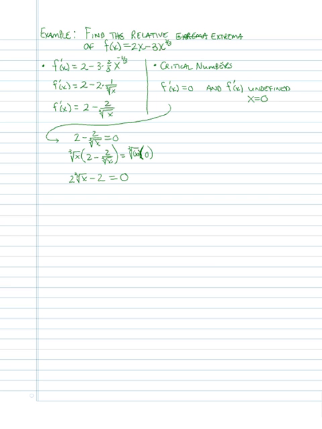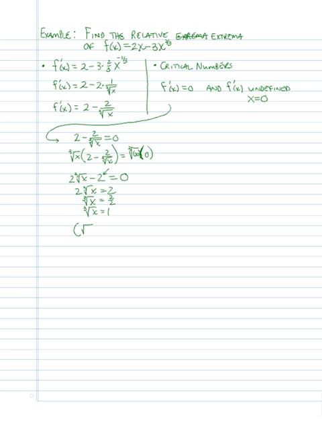Now, to solve this equation, we would isolate the radical so that we can cube both sides and get rid of the cube root. So we'll add 2 to both sides, get rid of the 2 that we have here, and then we'll divide both sides by 2. So we end up with the cube root of x is equal to 2 over 2, or simply the cube root of x is equal to 1.